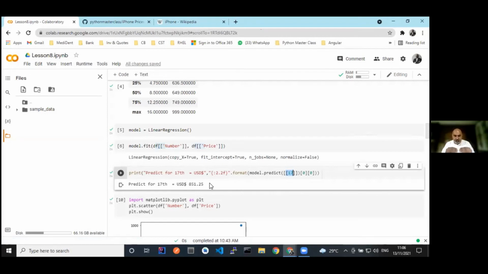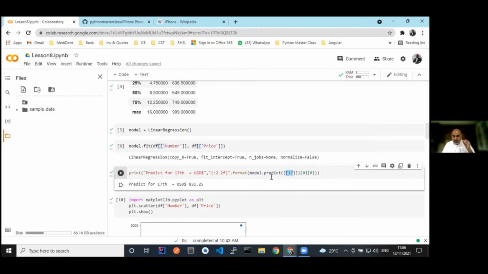And now we can break it down further. When I did the testing, this predict is actually the test. I am doing the training here, and I'm doing the testing here. When I test it, I'm giving it a value that was not seen before.